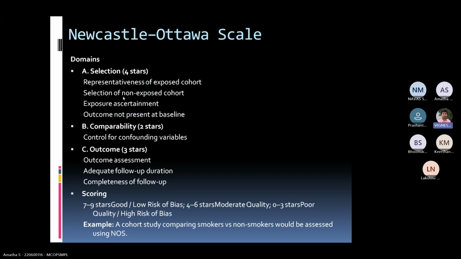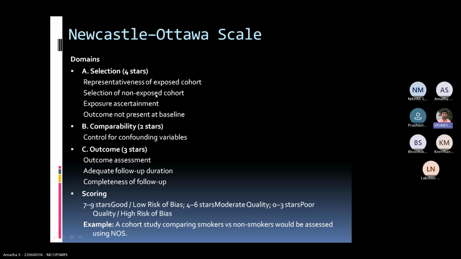Next one, Newcastle-Ottawa study. You may have seen in some systematic reviews some star marks, like stars in the sky. You can see some diagram with star marks. Usually it will represent cohort studies. For example, when you are comparing smokers with non-smokers, you have to use all these columns.